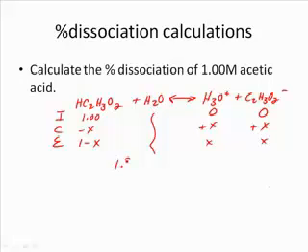The Ka for that is 1.8 times 10 to the minus 5. We're going to do our approximation, which should work with this concentration. It's whatever 1.